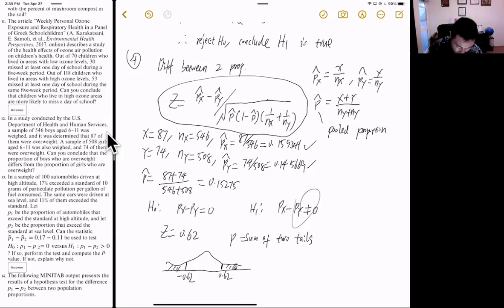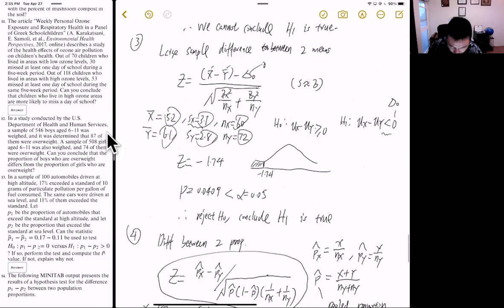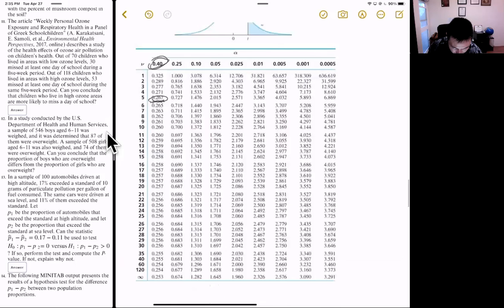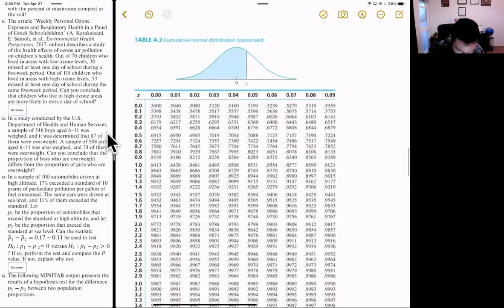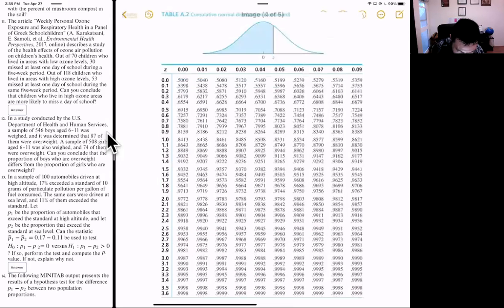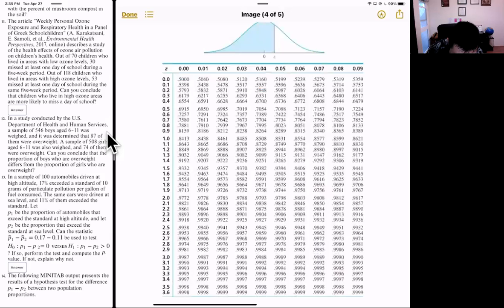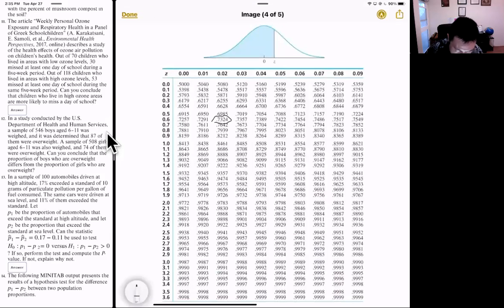For a z value of 0.62, we get 0.7324. That's the left-hand tail.